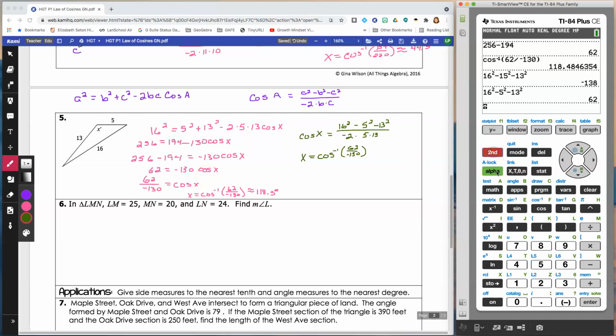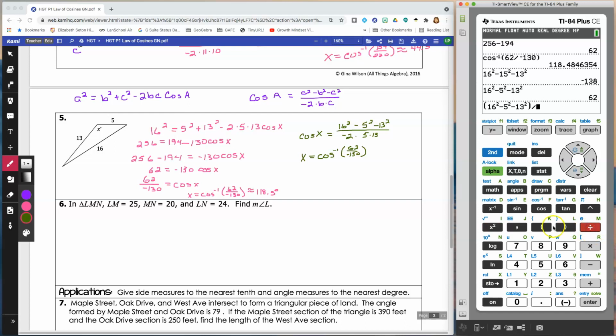Now, this is really tricky for some students, right? Really tricky because we need to be careful about the use of our grouping symbols. So I'm going to put it, actually, before I do that, let's do it this way. I'm going to put in my grouping symbols, and I'm going to take the numerator, so my 16 squared minus 5 squared minus 13 squared, and I'm going to keep this grouped together.